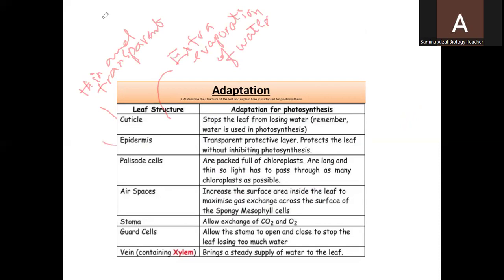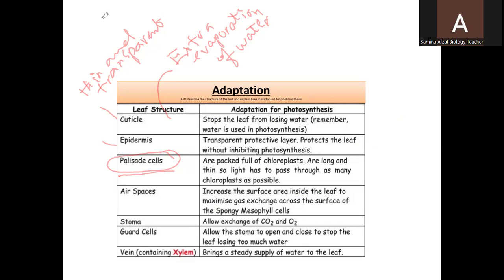And next to the epidermis are the mesophyll tissues. Both types of mesophyll tissues have chlorophyll in them, and they are called the site for photosynthesis. But palisade mesophylls are fully packed with chlorophyll.